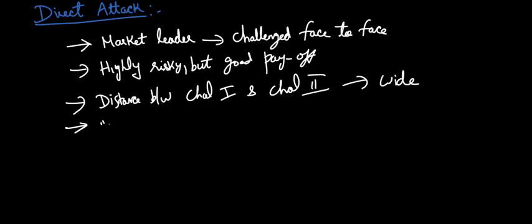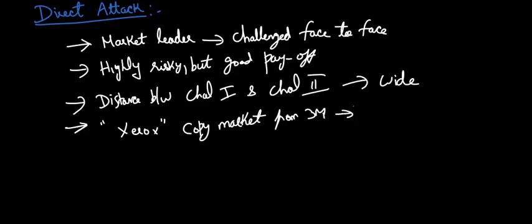For example, when you take the example of Xerox, it wrested the copy market from 3M by developing a better copy process. Now even a copier machine is mentioned as a Xerox machine and not a copier machine. That is one very good example of a direct attack.